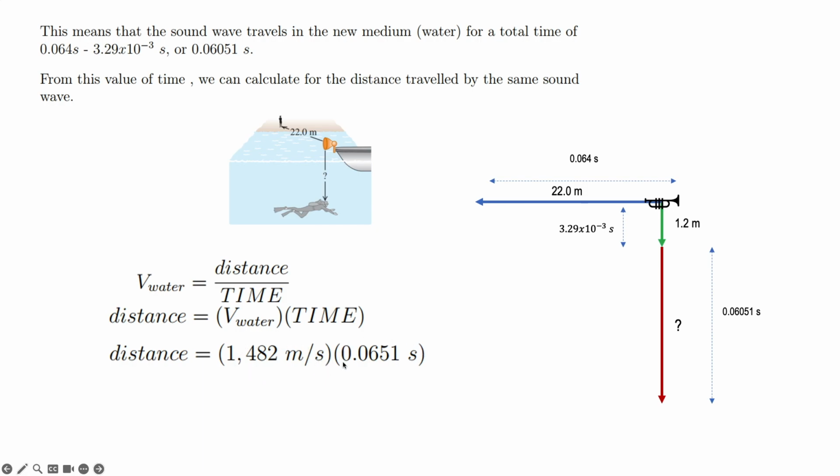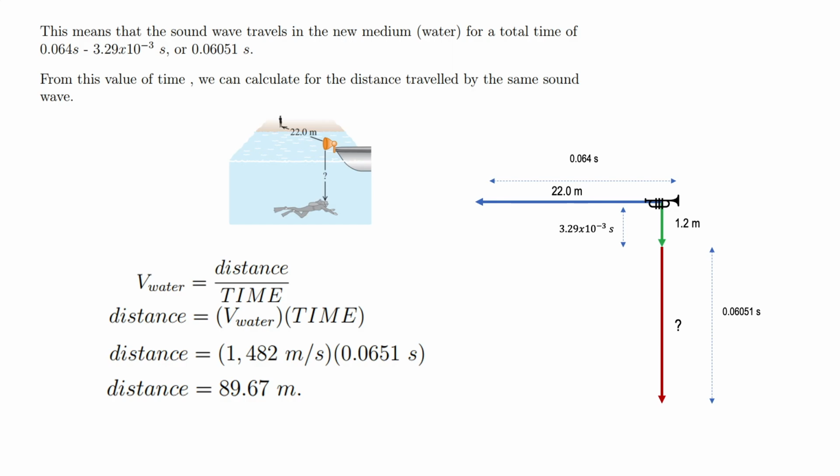And the time T in this case is simply the time in the new medium, so water, to reach your scuba diver. From here, you can solve for distance, and that is given to be 89.67 meters. Now going back to the sketch, that means from the surface of the water up to the scuba diver, it is simply 89.67 meters.